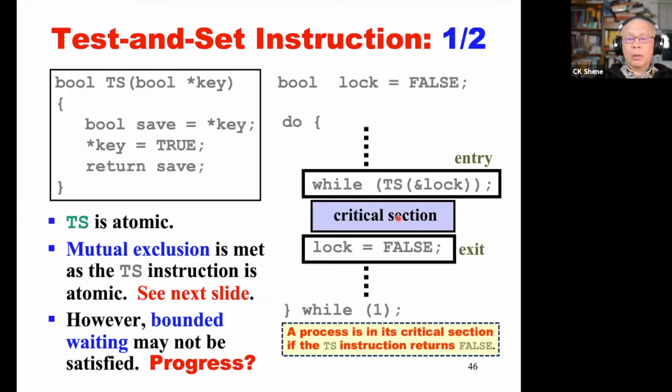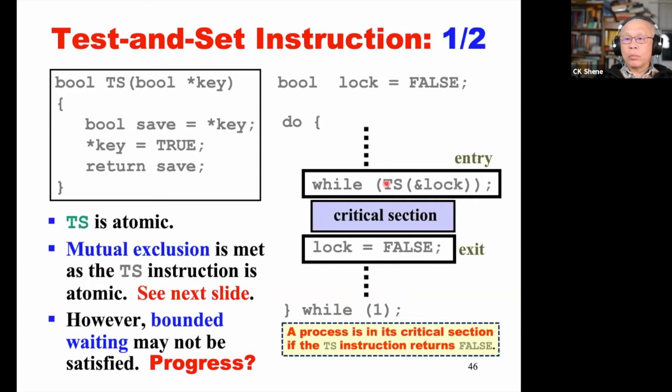Now, you may ask the question, what if you and I execute the TS at the same time? Worry not, because TS is an atomic instruction, which means if multiple atomic instructions are issued to a CPU, the hardware will execute these atomic instructions sequentially.